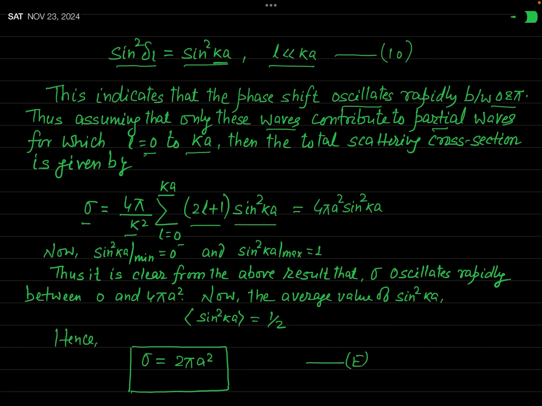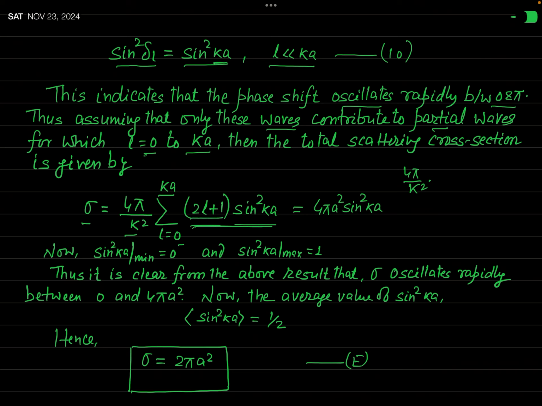So when you sum up this series, you will get 4 pi over K square, and the summation L from 0 to Ka of 2L plus 1, times sine square Ka.